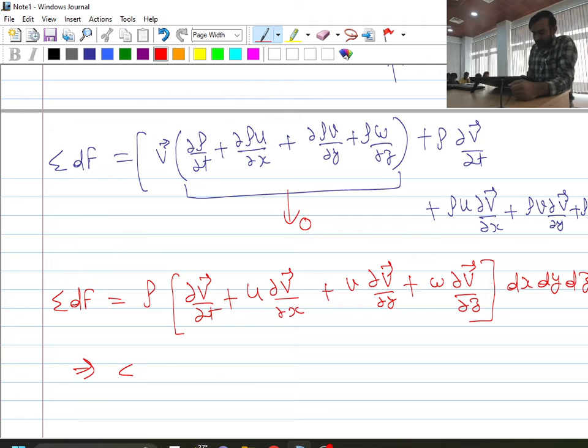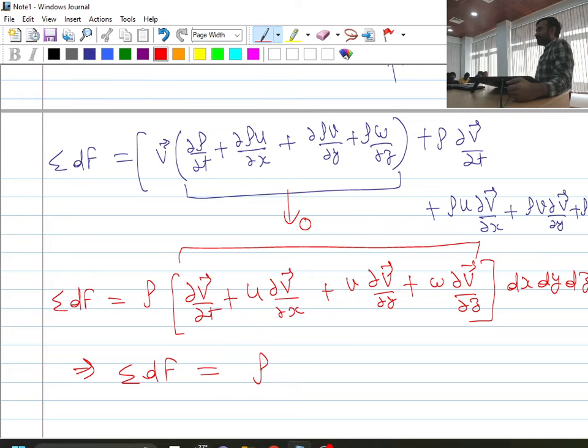So ultimately what I will be getting, that sum of all forces is equal to rho times, how can I write this term? This is temporal derivative and convective derivative. So this is nothing but the total derivative of the velocity vector. So rho times total derivative of the velocity vector into dx dy dz.